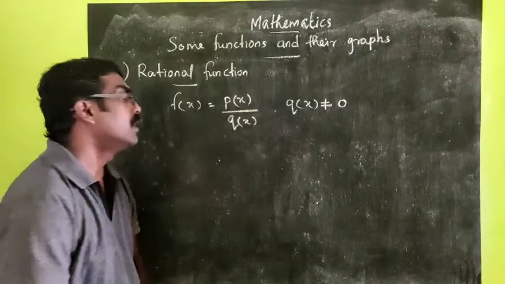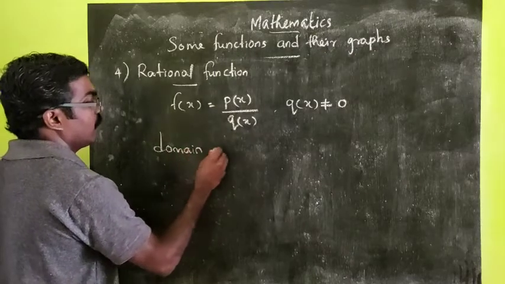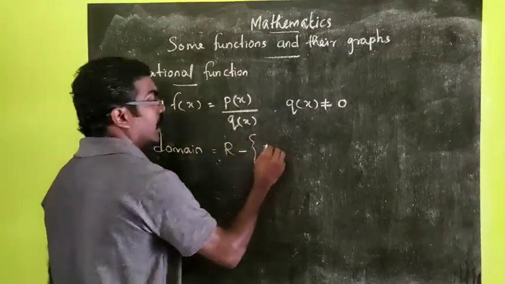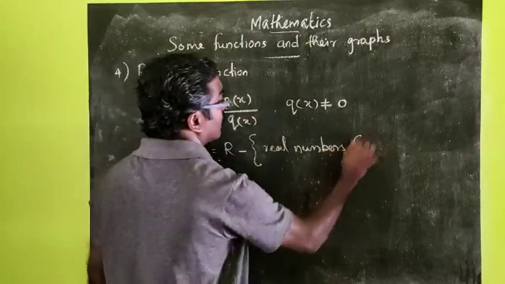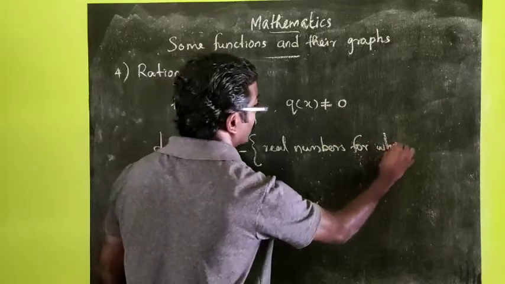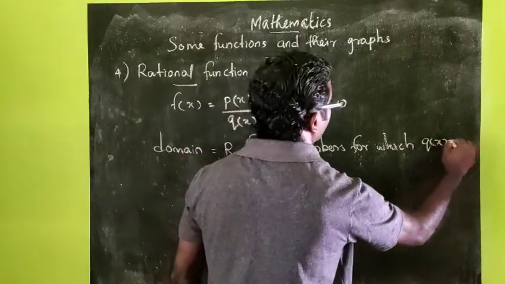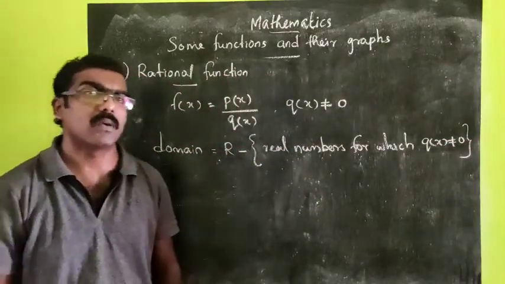Rational functions. So here the domain is the set of all real numbers minus real numbers for which q of x is not equal to 0. That means the denominator is not equal to 0.